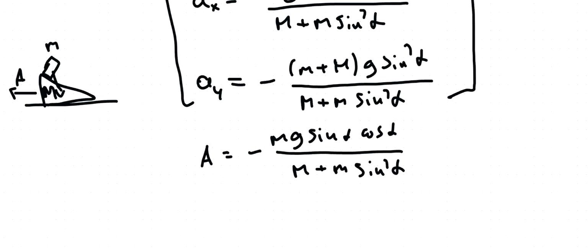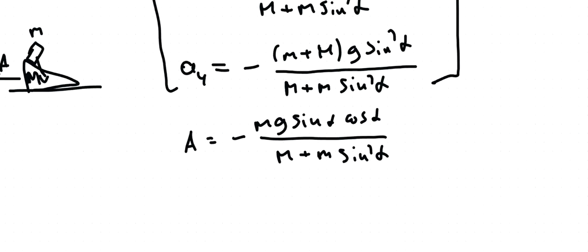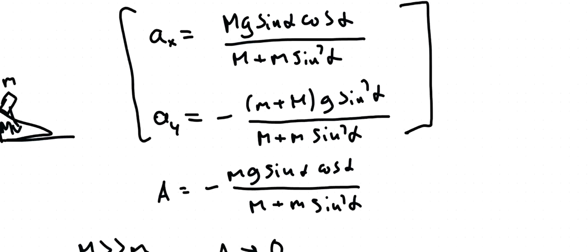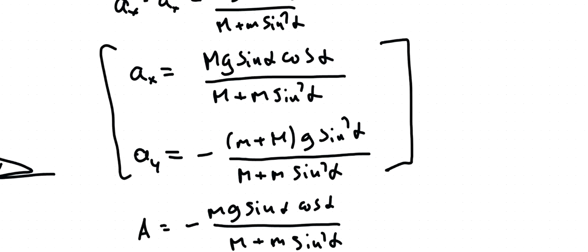First of all, capital M is much, much bigger than small m, and A tends to 0 in that case. That's nice. And what happens to the block? As capital M becomes much, much bigger than small m, ax becomes g sine alpha cosine alpha.